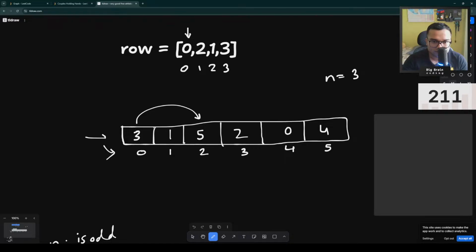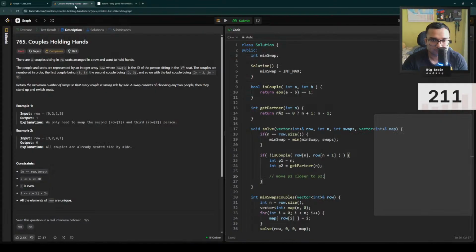I can move to here or I can move to here. Which one should I choose? Now obviously if I choose here, then it's impossible, right? I should be choosing now. Okay, now it depends on the index at which p2 is present. If it is odd, then I should be n minus 1. If it is at even, then n plus 1. Make sense? Makes sense.